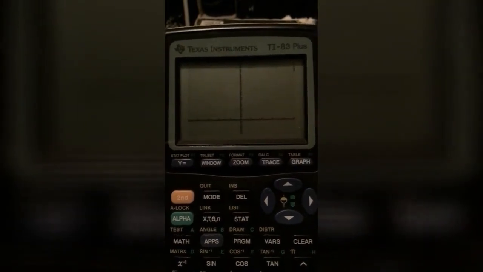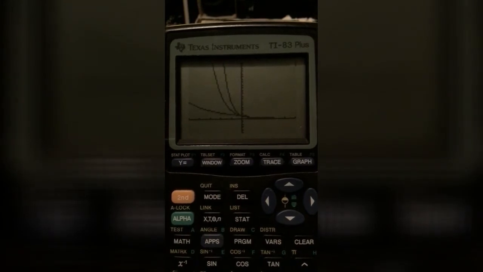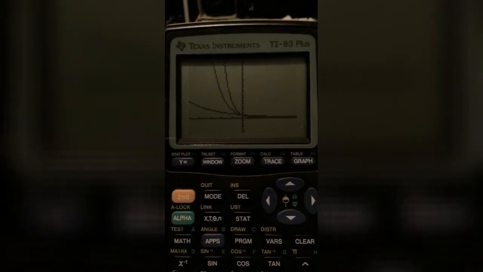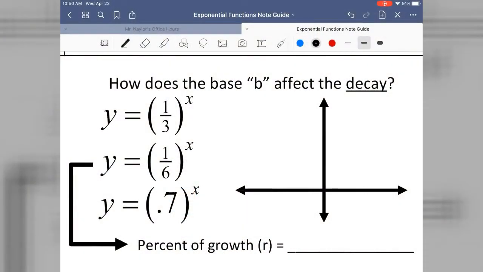Now here's 1/3 to the x, a nice decay graph. But 1/6 to the x, well look, it is actually decaying faster. Now 0.7 to the x, it doesn't seem to decay as quickly, but it still goes down as all three of these bases are less than 1. So all 3 graphs represent decay, and if we're going to sketch what we saw, this might be our 1/3 to the x graph.